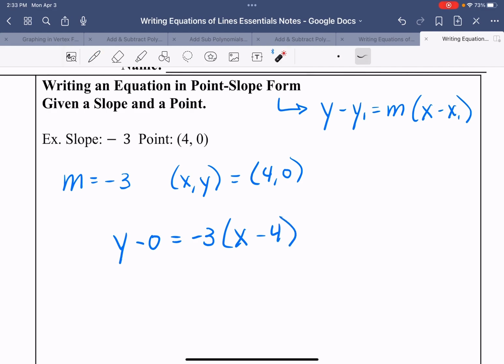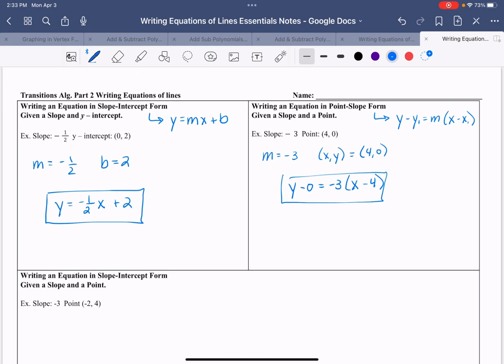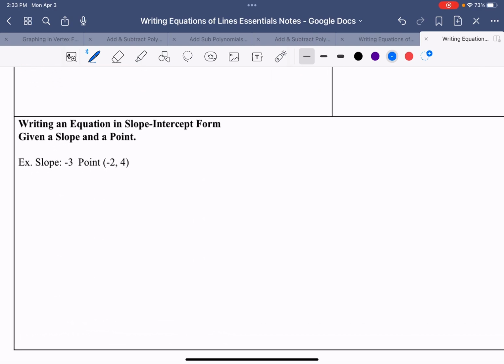Now, please note, there's a minus here, there's a minus here. If these numbers are positive, you're still going to have minus 0, minus 4. If for some reason your points had negatives, make sure you change your signs, okay? But for now, this is the equation for point slope form. Just plug and play.